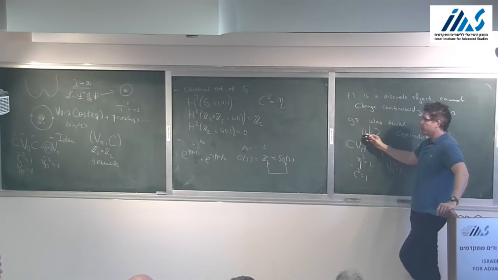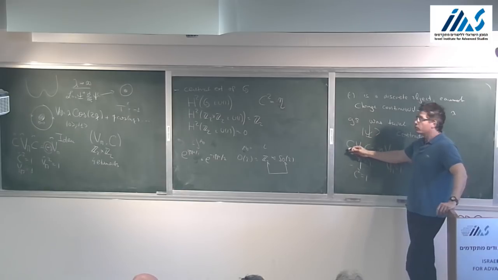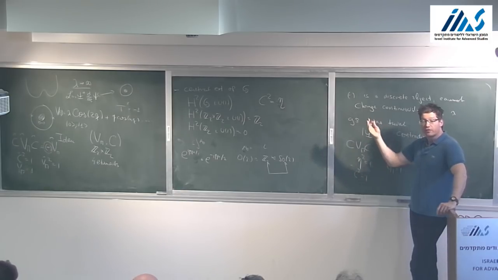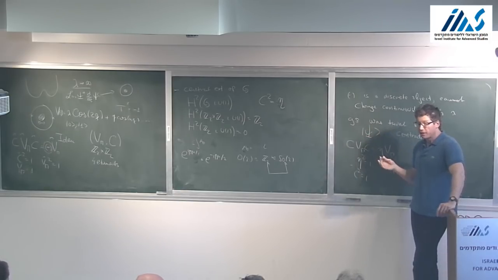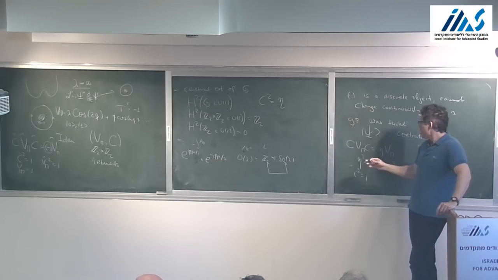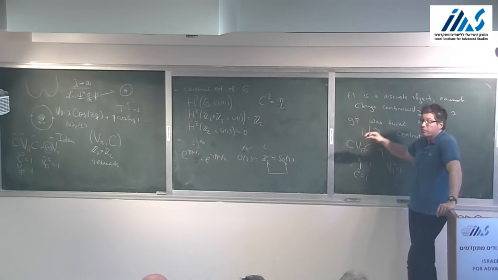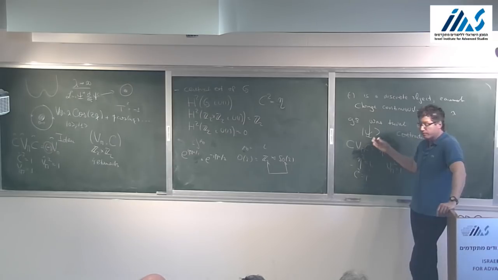Because suppose, okay, so let me repeat the argument. Suppose you had one ground state. So what could C do to that ground state? C squared has to be 1, so it can at most multiply that ground state by -1. And similarly, V pi has to at most multiply it by -1. And so you might get something like -1, -1, -1, but that's also -1.